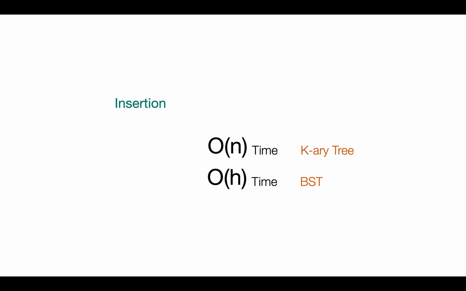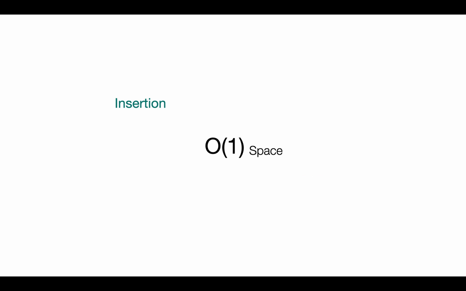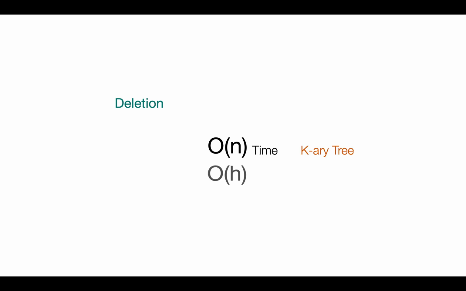And the space complexity will be constant. The same goes for deletion. Running time for a BST will be order of h, and for all other tree types it will be order of n. And the space complexity is constant.